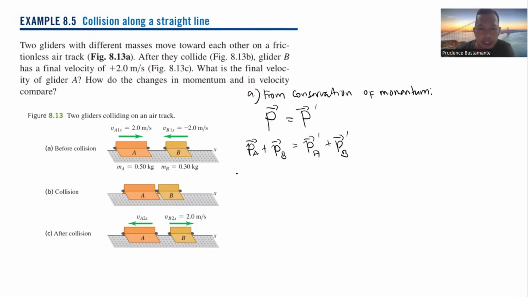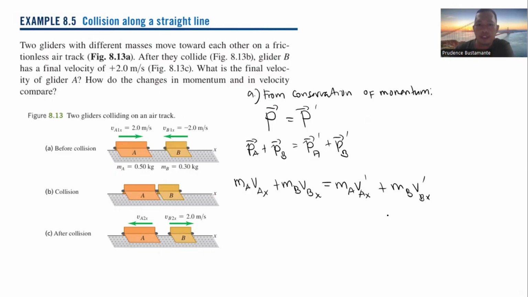You can expand this one. Since this is only along the x-axis, we can focus on the x component only. So we have the mass of A times the velocity of A along x, plus the mass of B times the velocity of B along x, equal to the mass of A times the velocity of A prime, plus the mass of B times the velocity of B final.